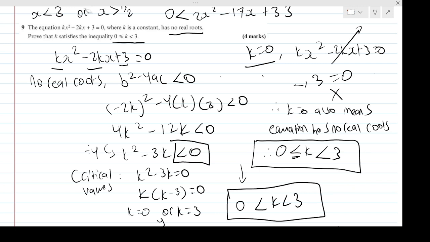And there we are. But that's the reason behind it, okay? With k = 0, the equation breaks down. The x squared goes away, so it's no longer a quadratic. There was an example at the very end of the discriminant chapter with a similar concept, where the x values were limited.